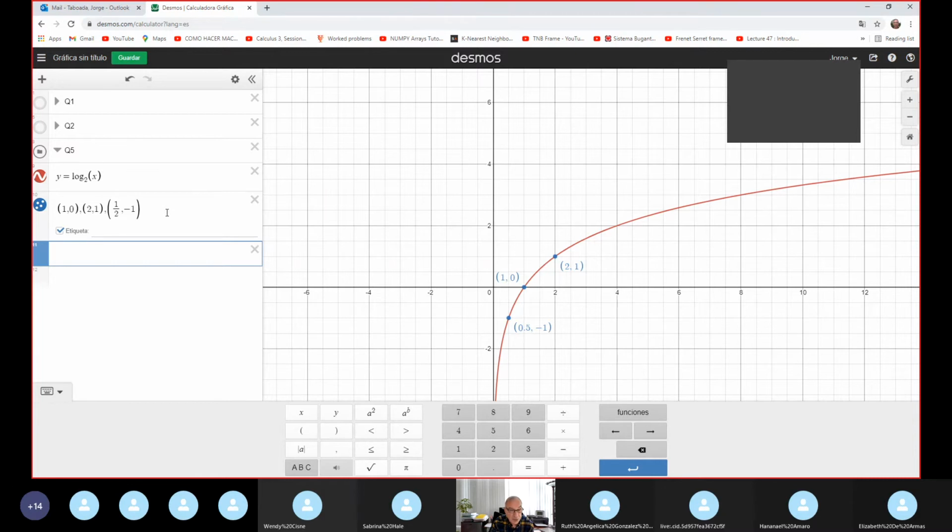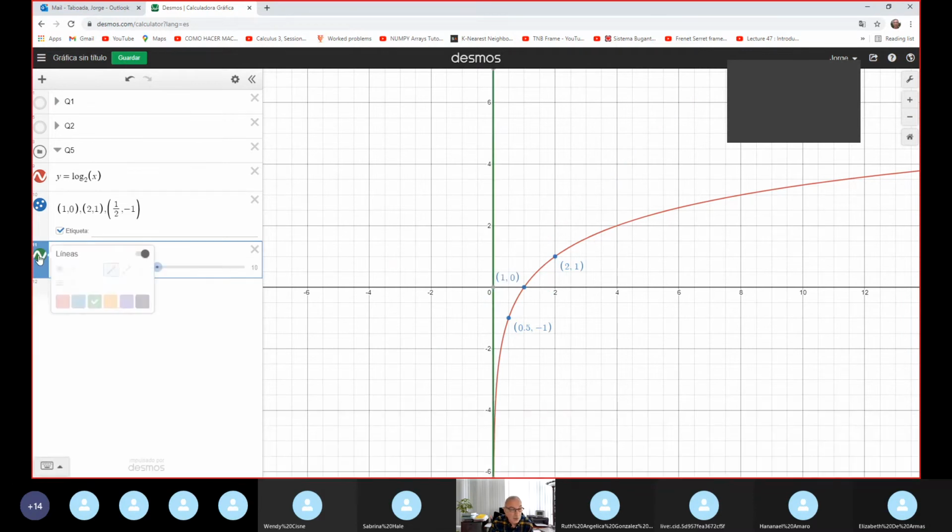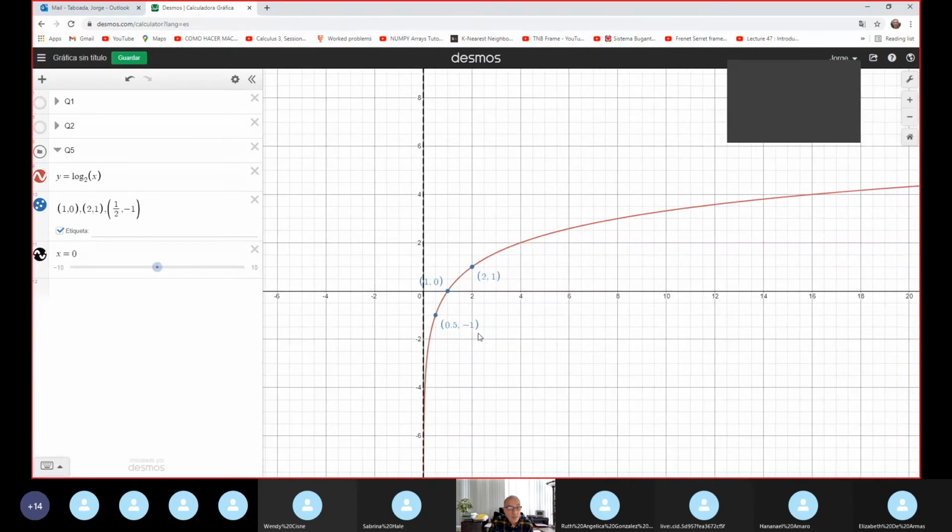It is x equals 0, but black color, dotted line, like every asymptote. And this is my beautiful graph.